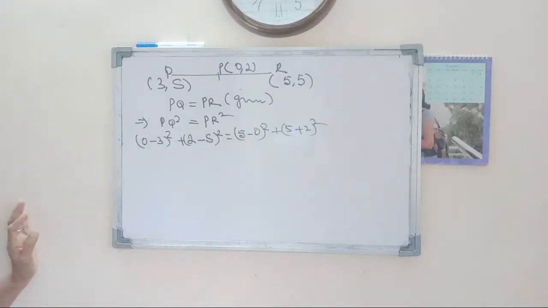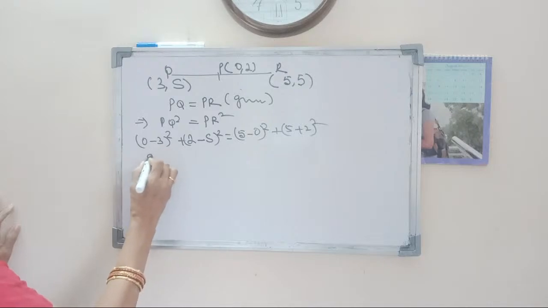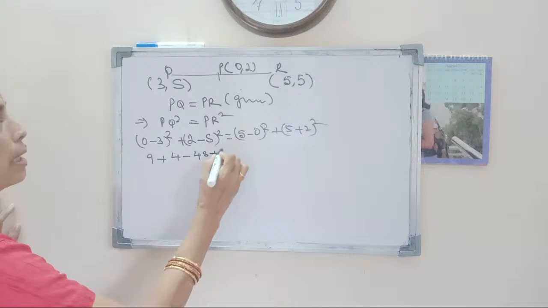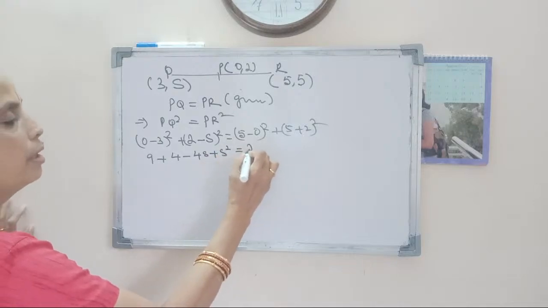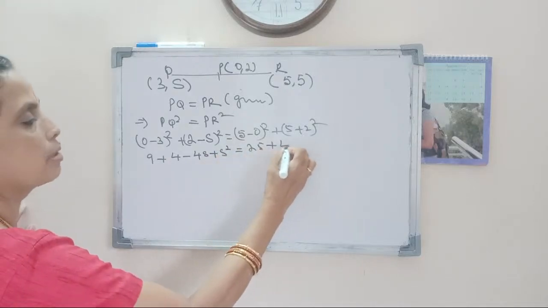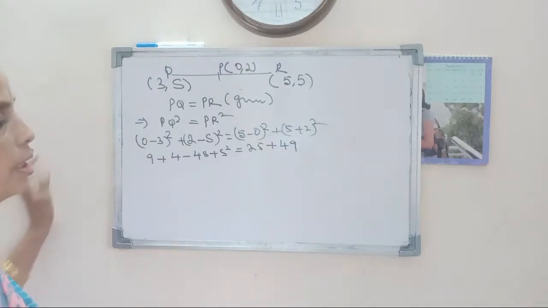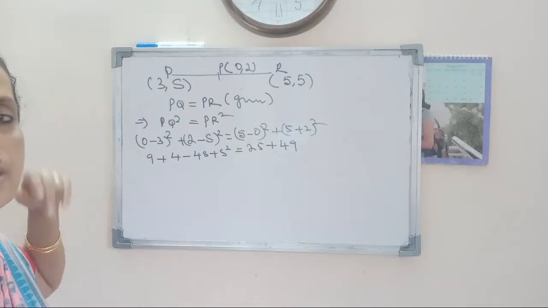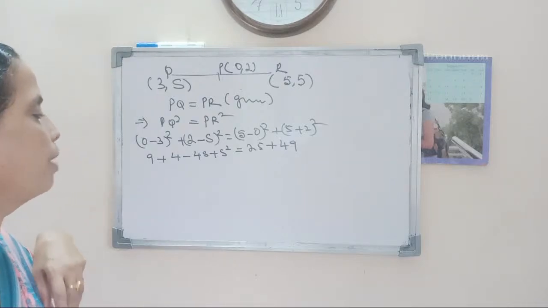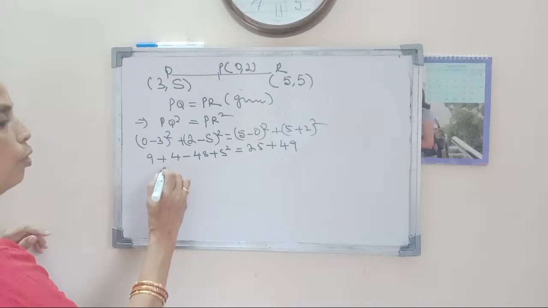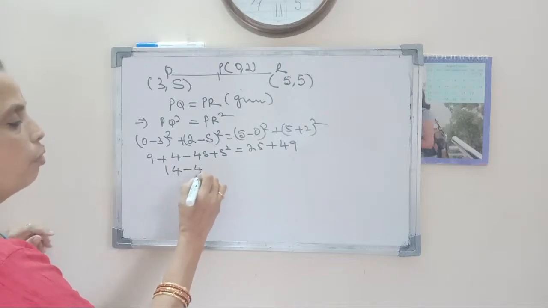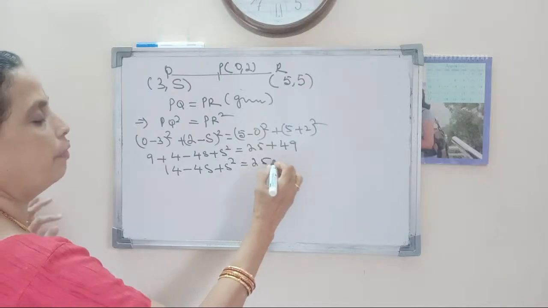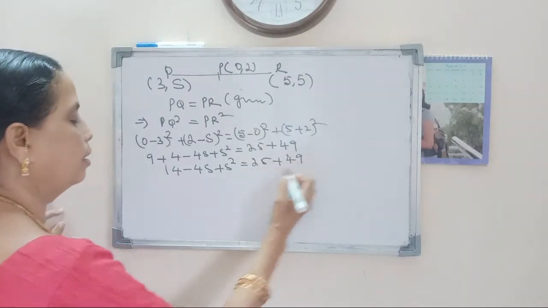Now start expanding it. 3 square is 9. (a minus b) square is a square minus 2ab plus b square, equals 25 plus 49. Am I right? 25 is 5 square, 49 is 7 square. Now we have 9 plus 4, which is 13, minus 4s plus s square equals 25 plus 49.